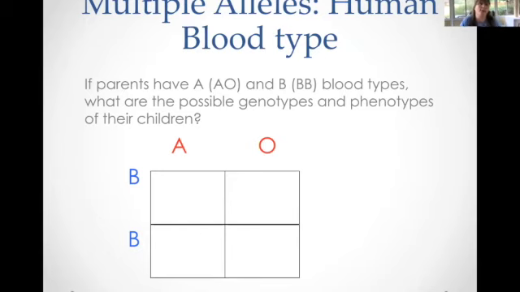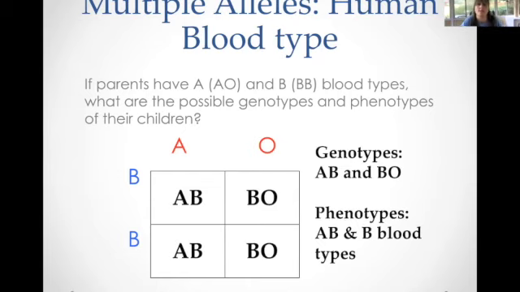If mom has type A, but her genotype is AO, and dad has type B and his genotype is BB, here are the possible children. 50% chance these parents will have a child with AB blood. 50% chance these kids will be born with phenotype type B blood. So if you are asked for the genotypes and phenotypes, this is what you have to do. You say genotypes and give me the letters, and then phenotypes and what's observed.